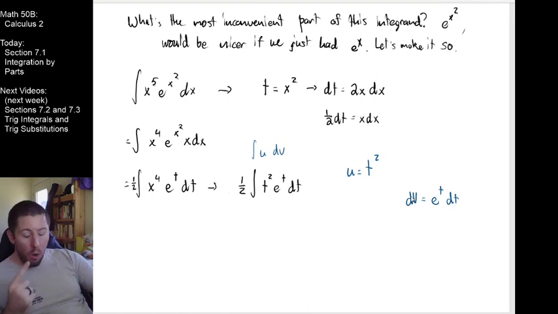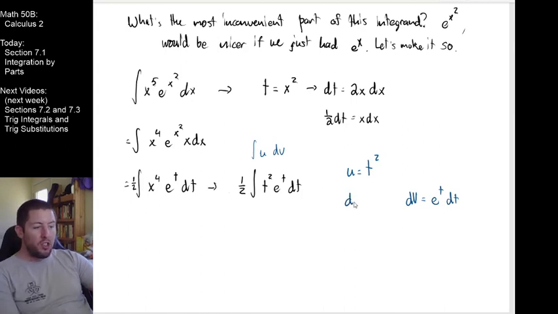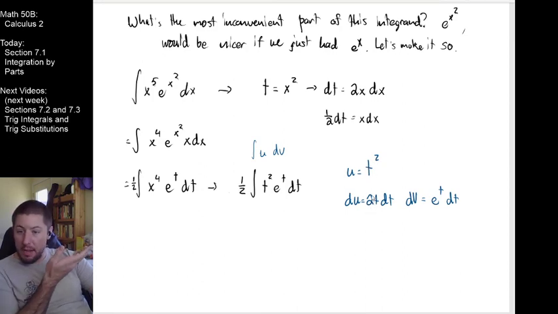However, if I always choose my polynomial terms to be the u choice, then I'm always taking the derivative of u. I'm always reducing them in power by 1, and that is sort of eliminating terms from the integrand, right? So this is definitely a general strategy: anytime you have a product of two functions in your integrand and you're doing parts, if one of the terms is a polynomial term like t squared, almost always you want that to be your u selection, because when you then compute du for your outcoming integral, it will have a one smaller power on that term.